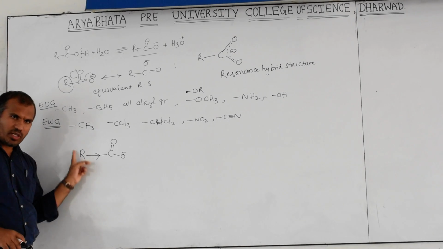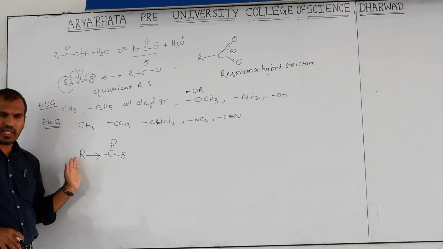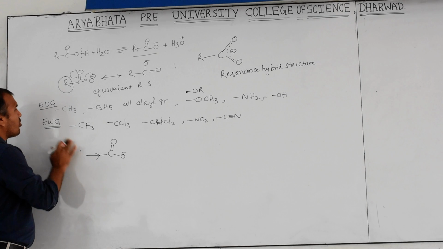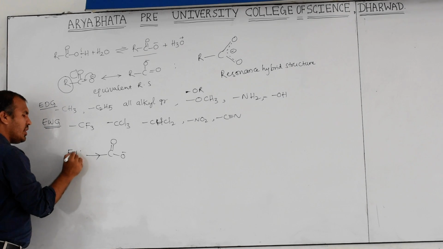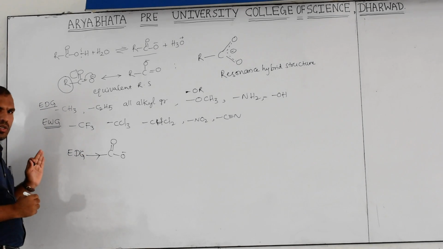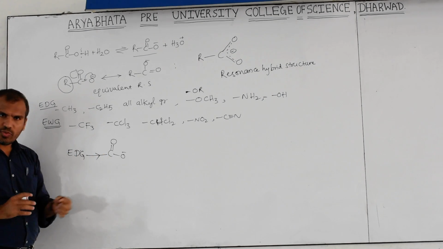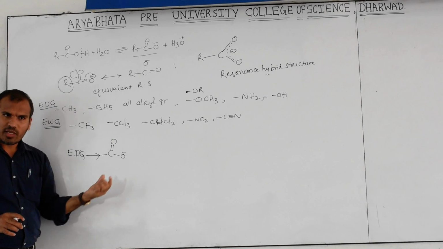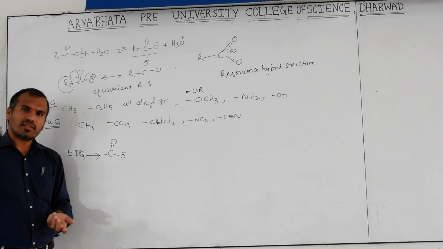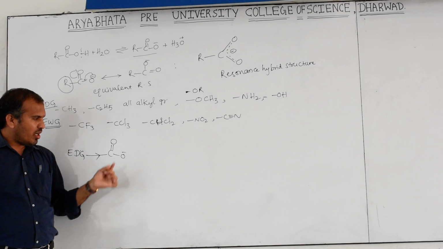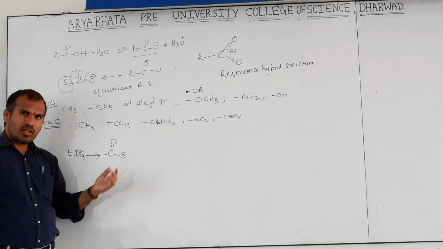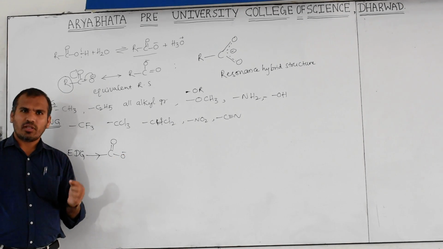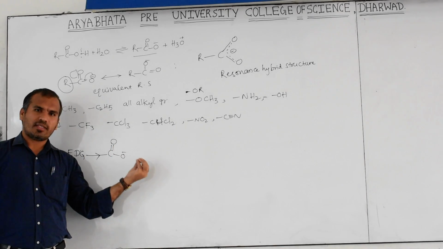Now the R group may be anyone. Here I indicate an electron donor group, EDG. If an electron donor group is present, then the electron density at this carbon increases. Already electron density is there here, so increased electron density means it is less stable.